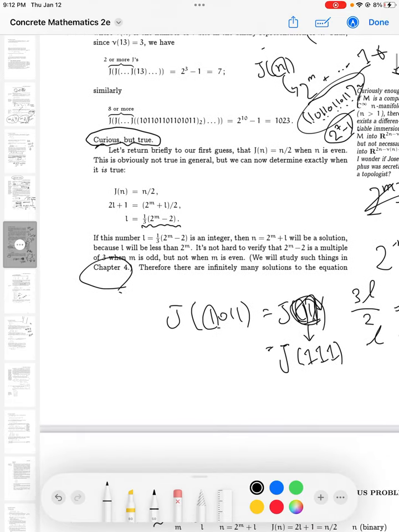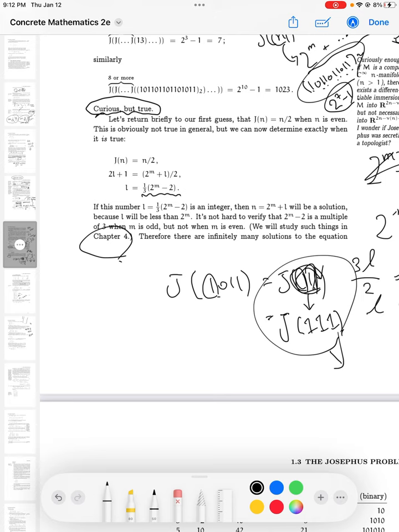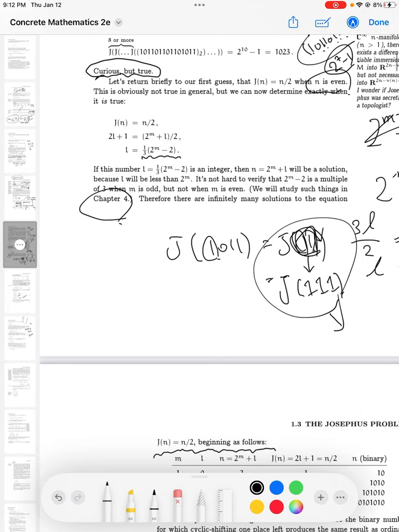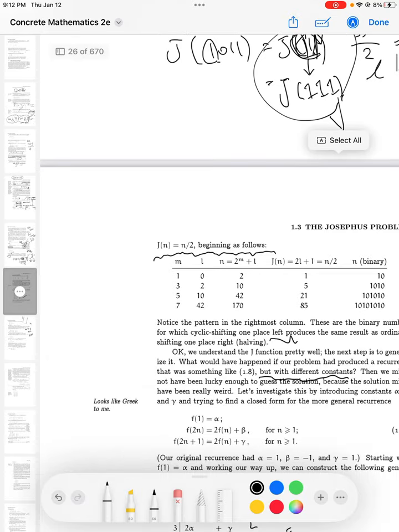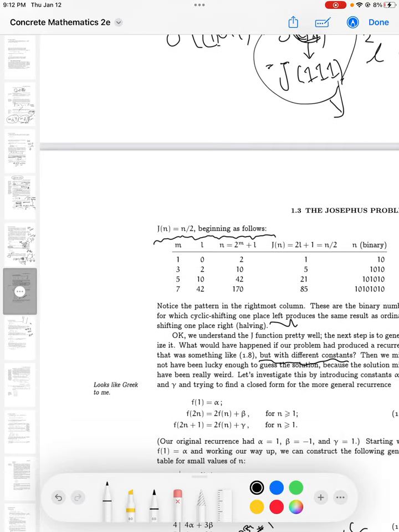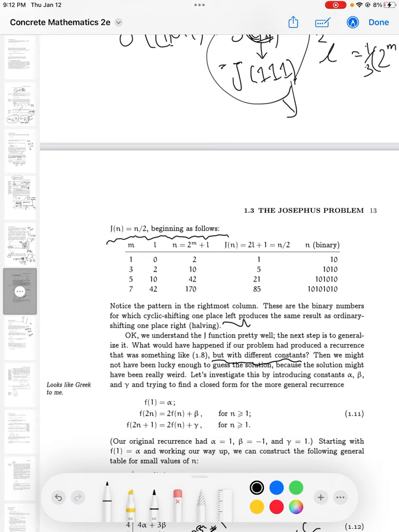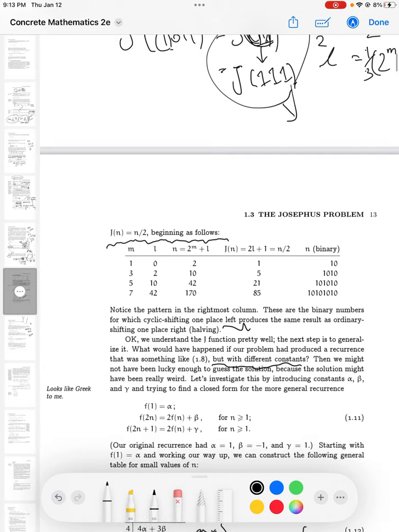So I guess what the author is trying to do is generalize the case where these turn out to be the same, and I think it's when n is an even number, where the leftover number can sometimes be an integer, and that is the case when n is shifted left one spot or right one spot and is the same in binary representation. I think that's what they're trying to prove.